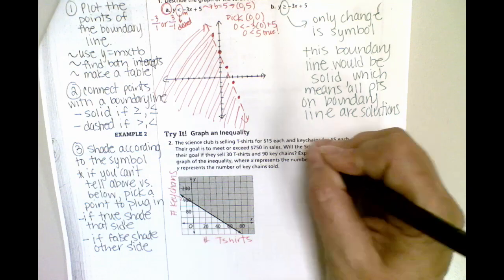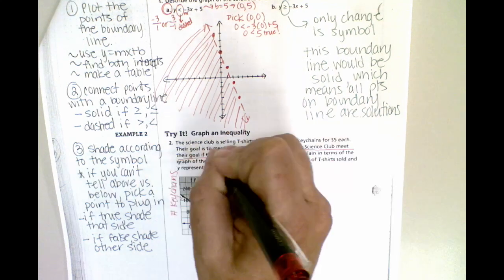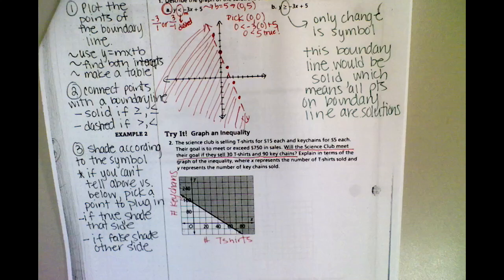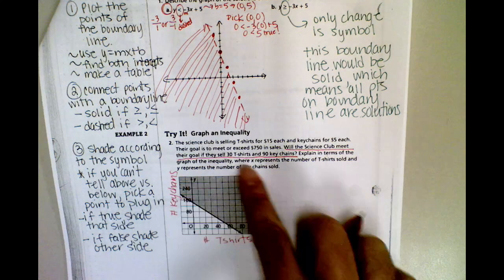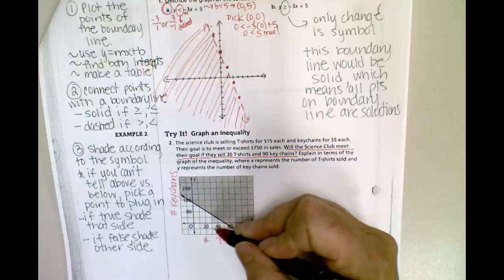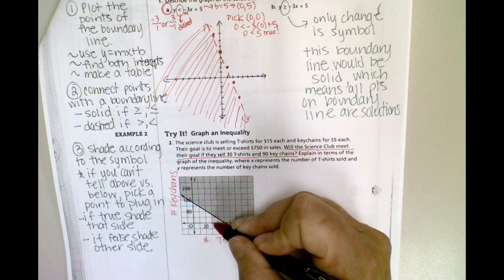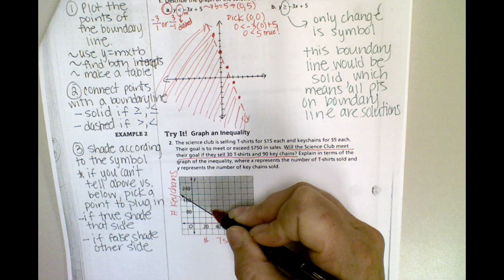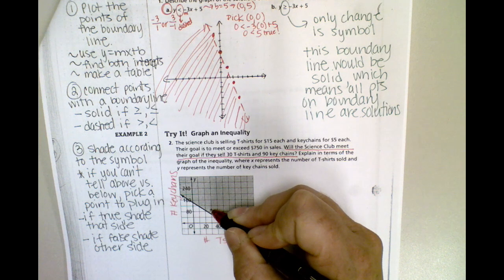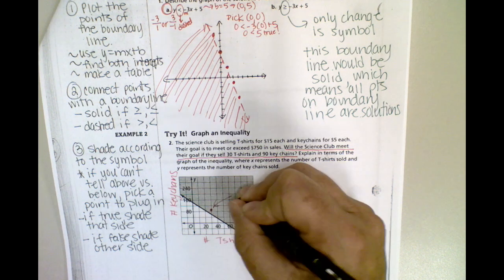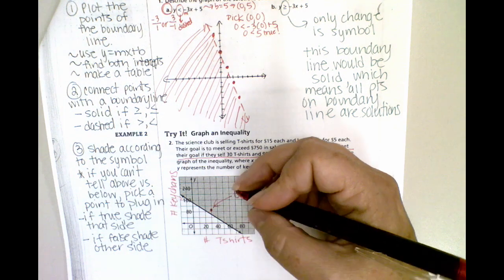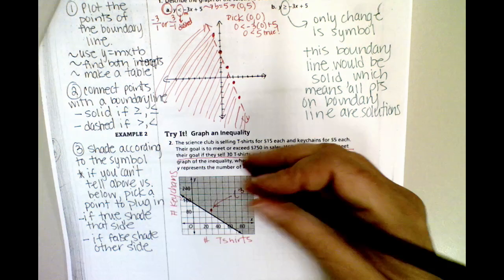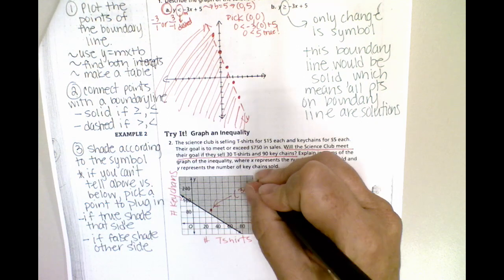So if we want to know, will they meet their goal if they sell 30 t-shirts and 90 keychains, I need to find that point on the graph. So 30 t-shirts would be right here with 90 keychains. This is counting by 40s, so 90 keychains would be right there. So this point here is (30, 90).